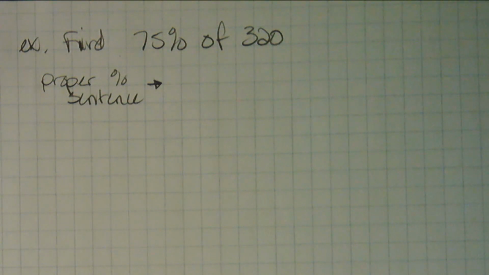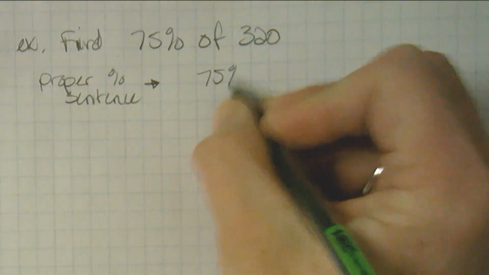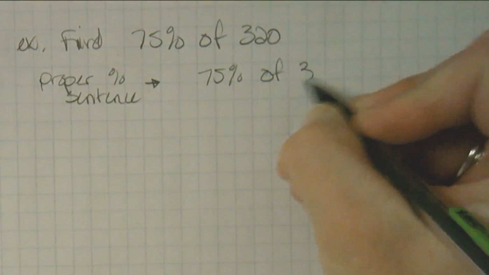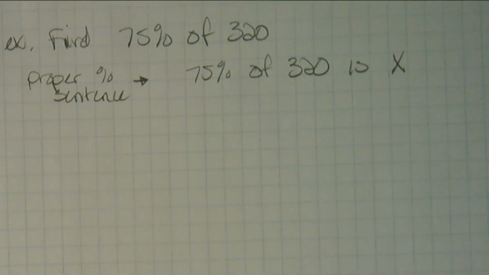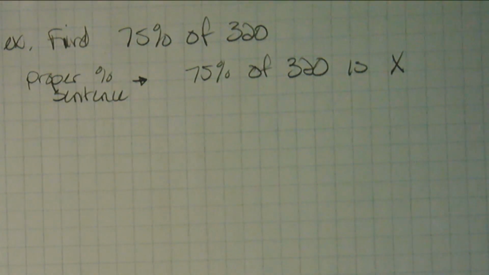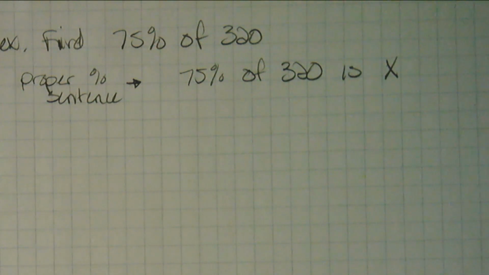That's what your proper percent sentence should say. Don't change the information around. They give us the percent, so keep it with it. 75% of 320 is x. That should be your proper percent sentence. All right, somebody write this as a proportion for me. Serena?